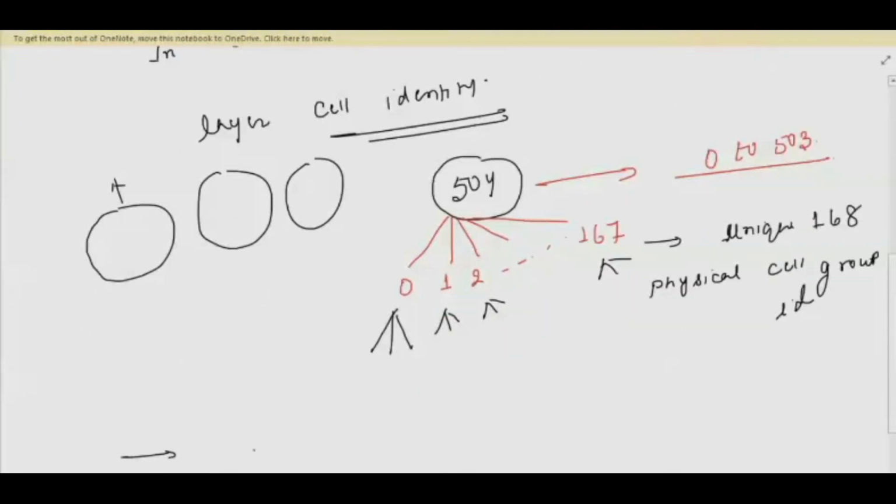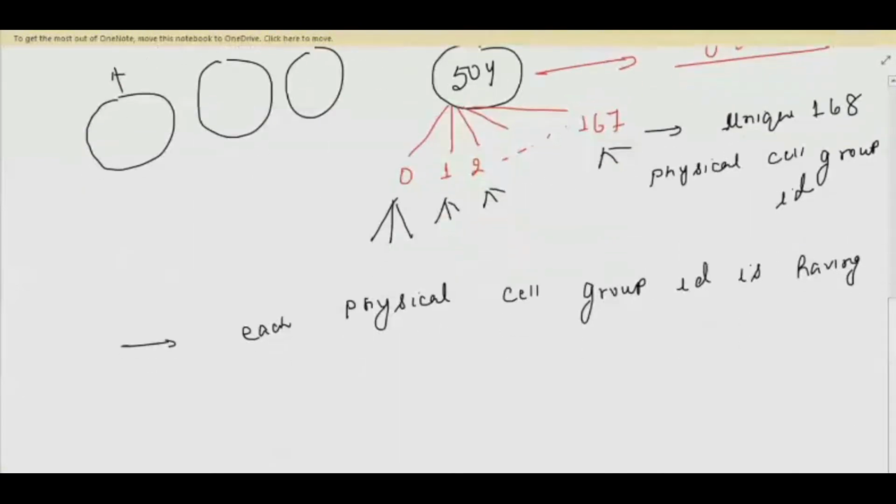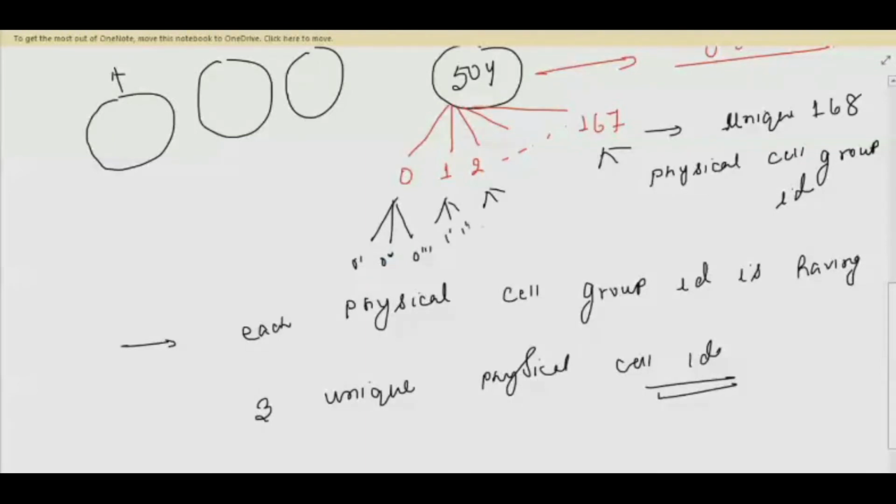So each physical cell group ID has three unique physical cell IDs. Say, for example, 0, 0 dash, 0 double dash, and 1, 1 dash, 1 double dash.